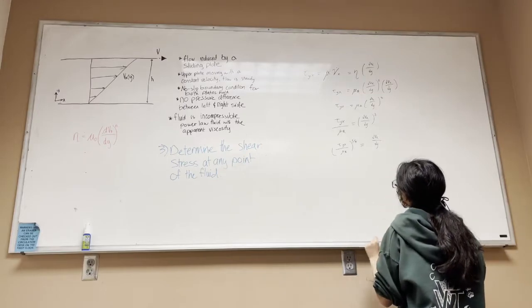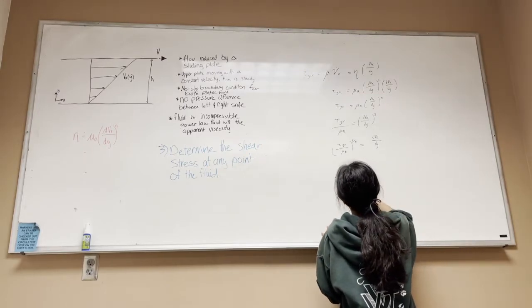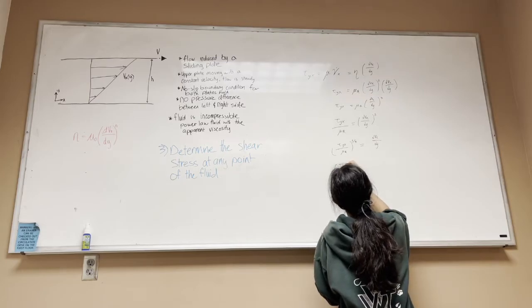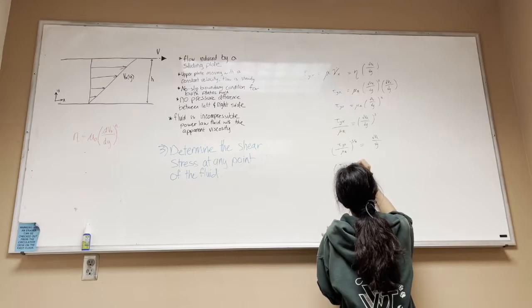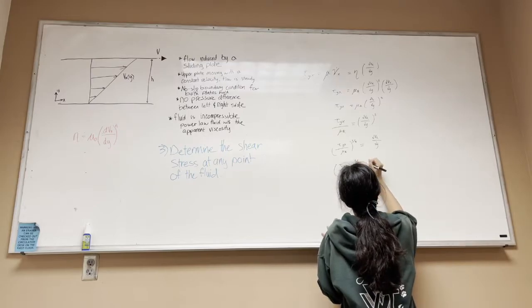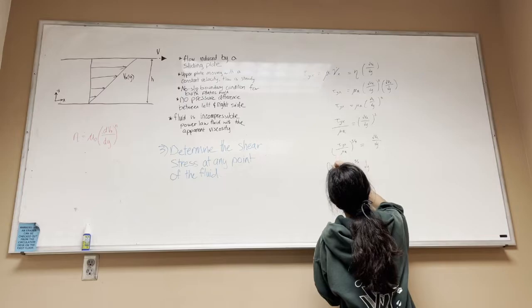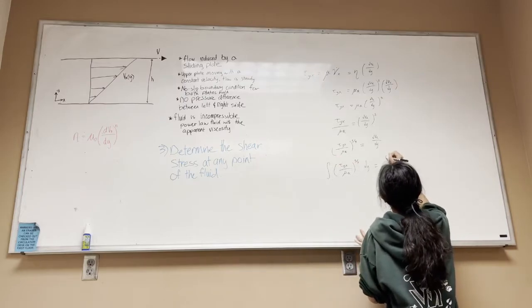Now this is separable, so you can move the dy over onto the other side, and then take the integral of both sides.